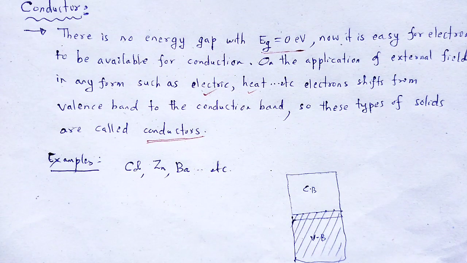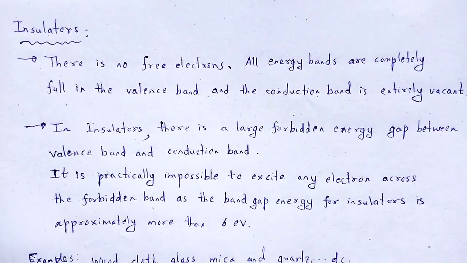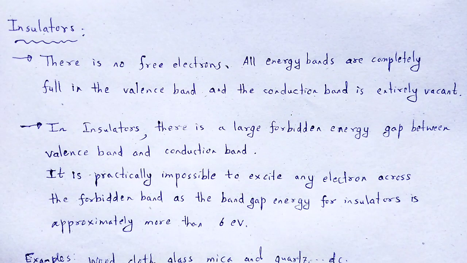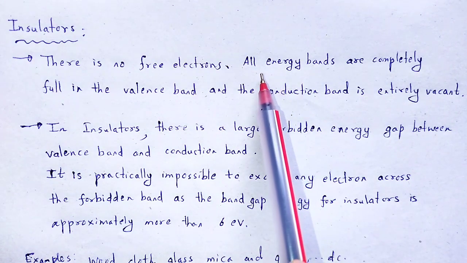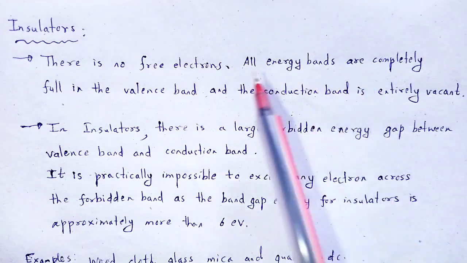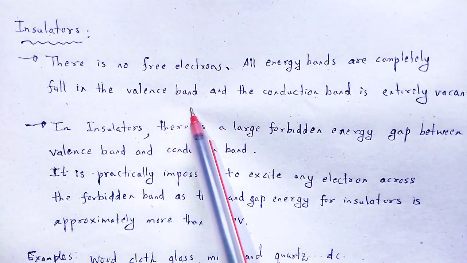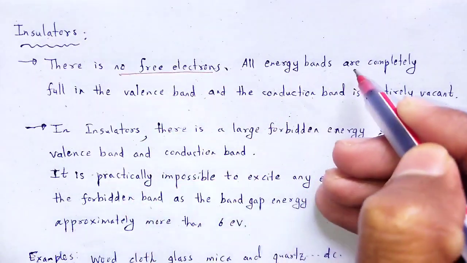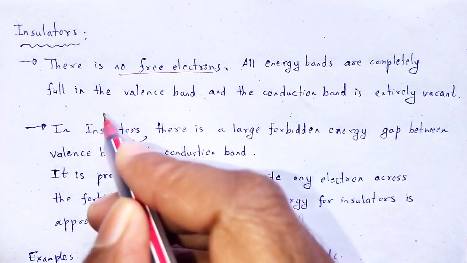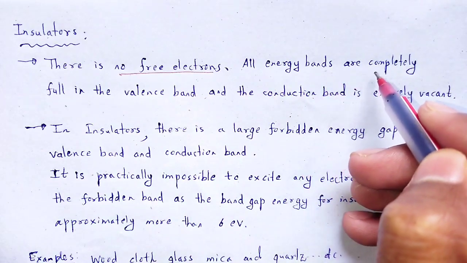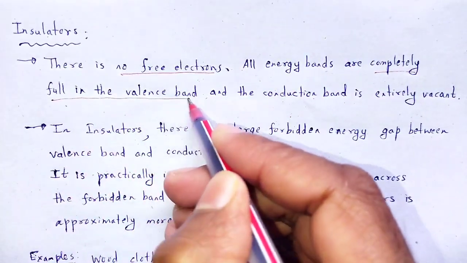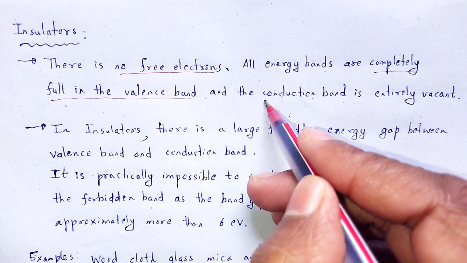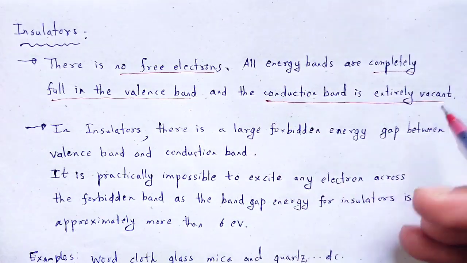Next, insulator. In case of insulators, there are no free electrons, and all energy bands are completely full in the valency band, and the conduction band is entirely vacant.